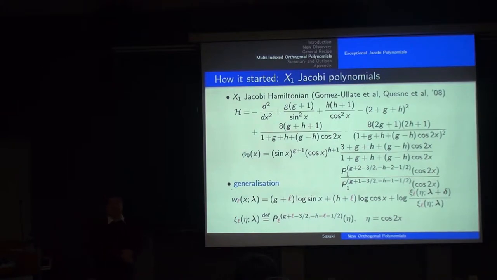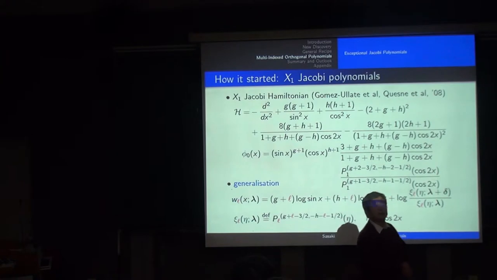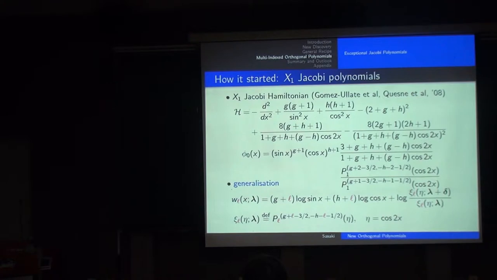But since these are rather general, so this much is done, proved. But in order to give you some feeling how things look like, I'm going to show you the simplest one. The original Pöschl-Teller is just sine square of x, cosine square of x.